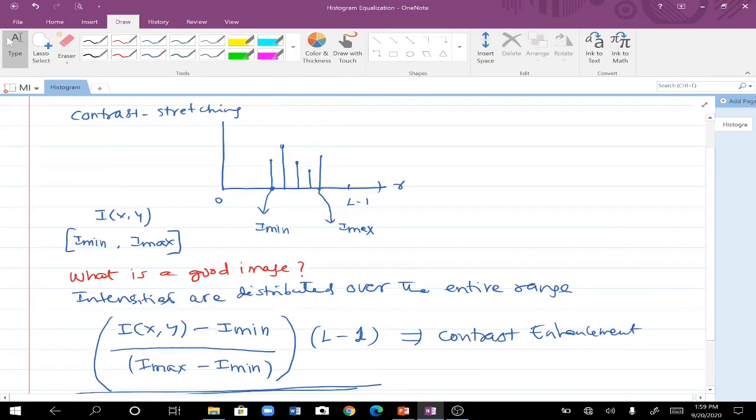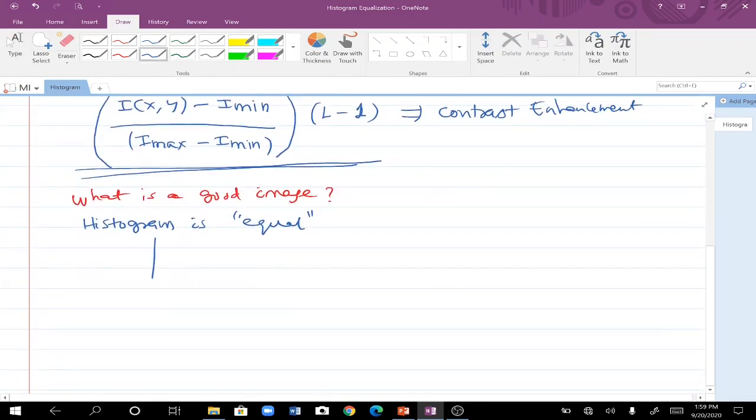What does that mean now? Let's say I have a distribution here. Some distribution is there. Let me call this value R, varying from 0 to L minus 1. Assume that there are 100 pixels in a given image.